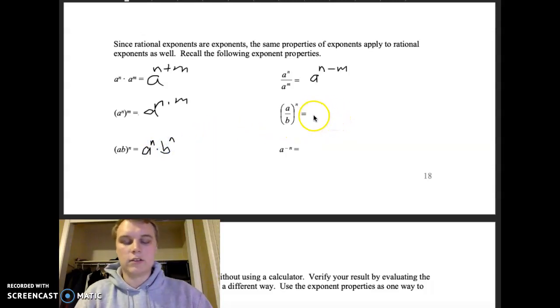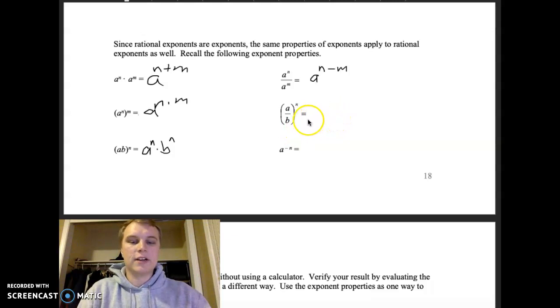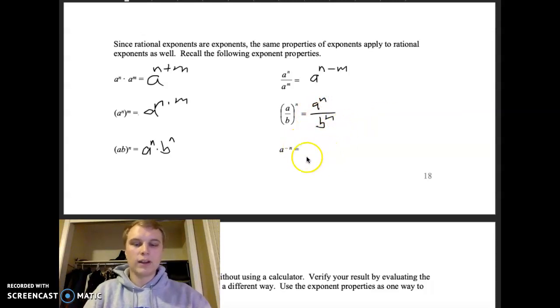And then just the opposite operation here, but the same concept. We have a over b all raised to n. So what we're going to have is a to the n over b to the n. And then lastly, we've seen this one before, hopefully. We have a raised to a negative exponent.